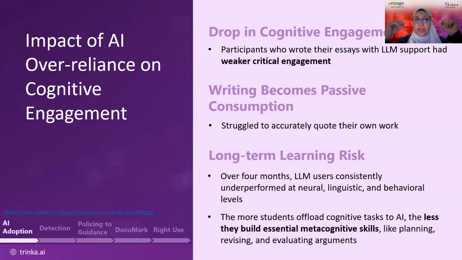Then they did something very interesting after that. They tried to measure their brain activity, and they found that the students relying on their cognitive skills, their own minds and personal effort to do these assignments, had brain activity that is way better and more elevated than the ones relying on AI.